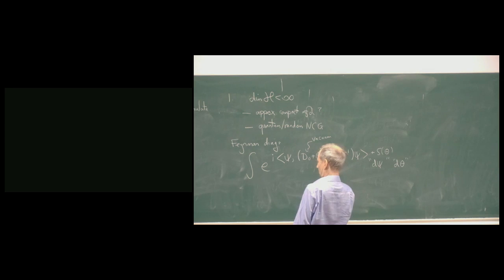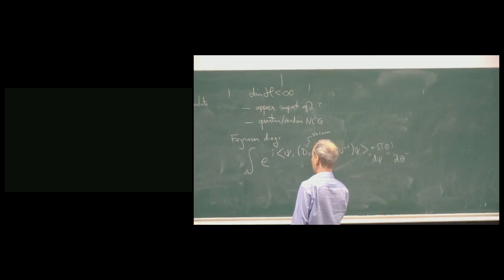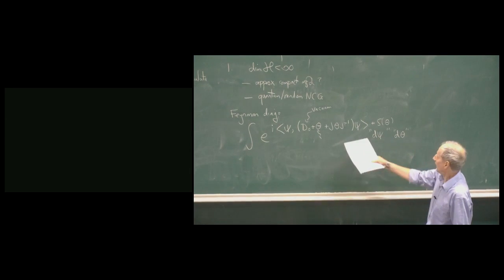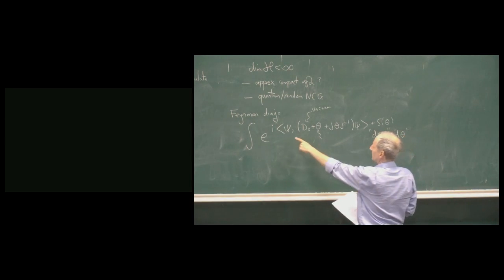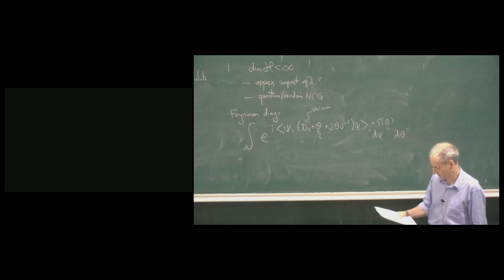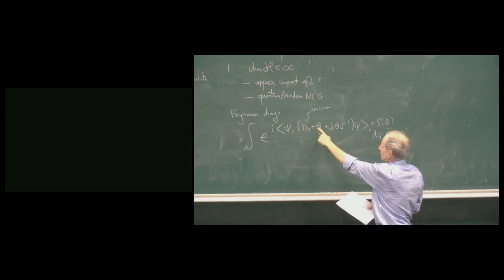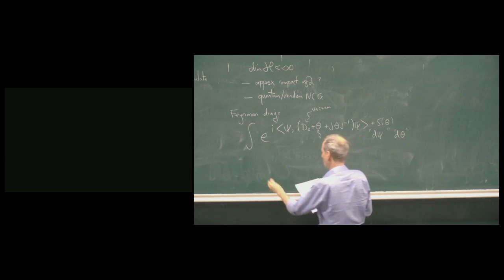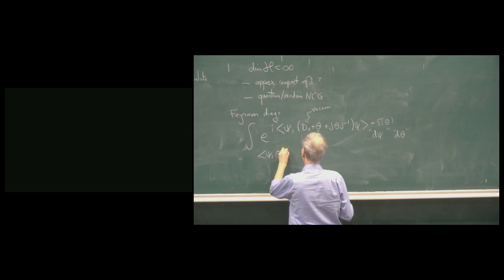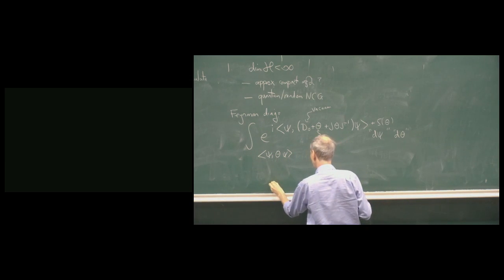Well, there'll be a term here with psi, D naught psi. That's the sort of propagator thing. And there's an interaction. Well, there are two interaction terms. So the interaction term like this, you would draw like this, some sort of diagram.